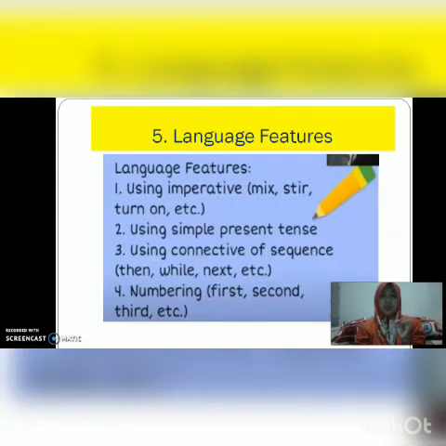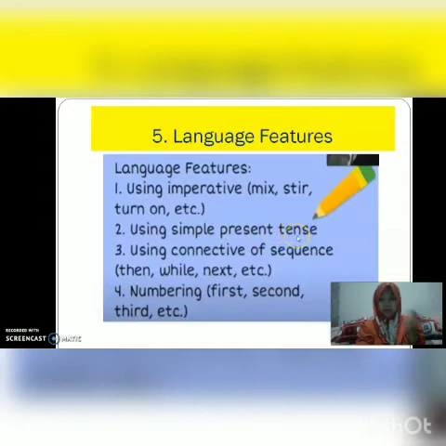The next one is about language features. There are 4 language features that's used in procedure text. The first one is using imperative. For example, mix, stir, turn on, etc. Second one is using simple present tense.